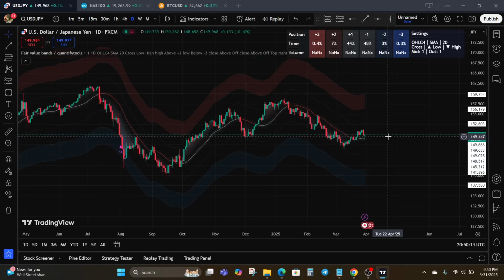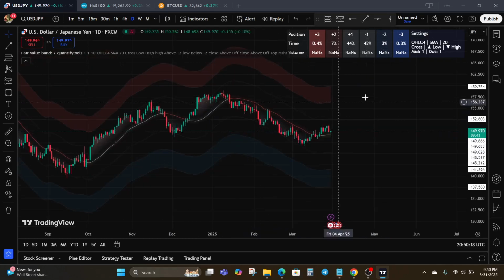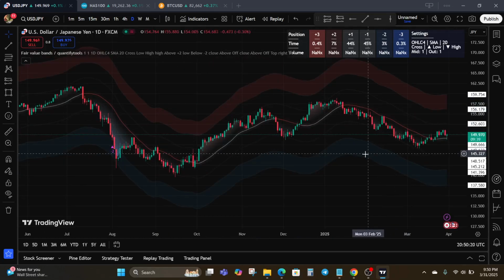So now, how does the fair value bands indicator work? The fair value bands indicator creates a dynamic range around price action. You can see the dynamic range around price action, right? So it highlights overbought levels.